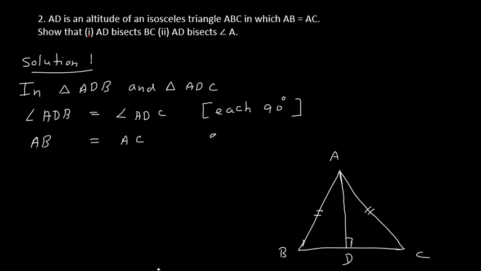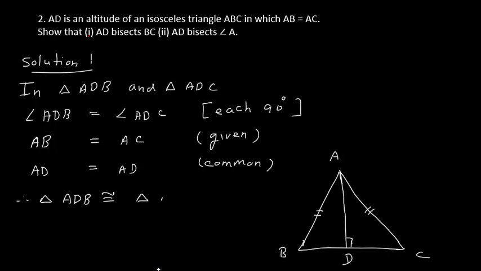Again this is given, isosceles triangle. And third, your side AD is equal to side AD. This is a common side. So therefore triangle ADB is congruent to triangle ADC by right angle hypotenuse side, RHS criteria.